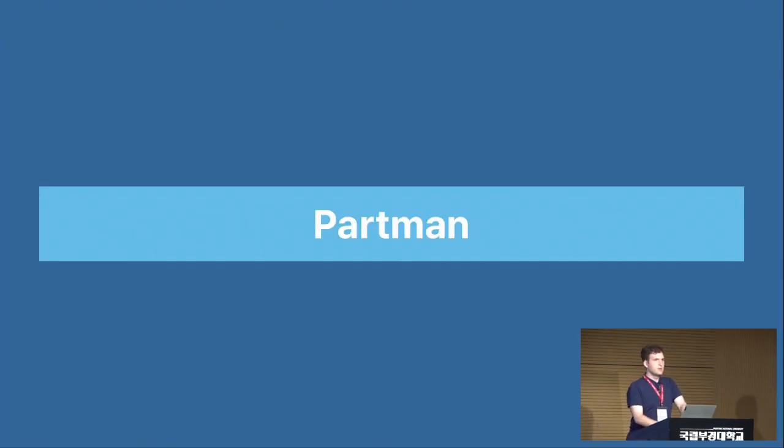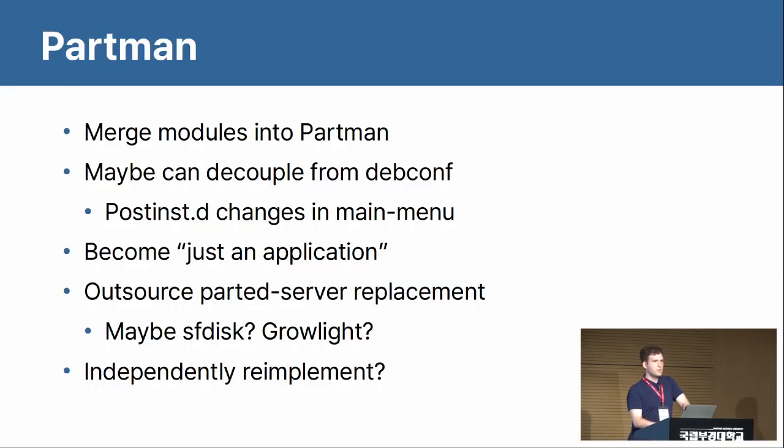There's things about Partman, the partitioning manager. It might be easier to work with if we merge everything into Partman, and if we do the post-inst drop-in file changes in main menu, we can adjust the protocol that we use to communicate between main menu and the thing that main menu runs, Partman.